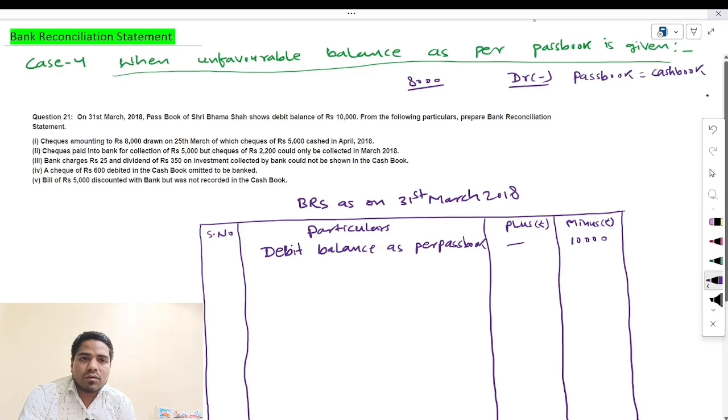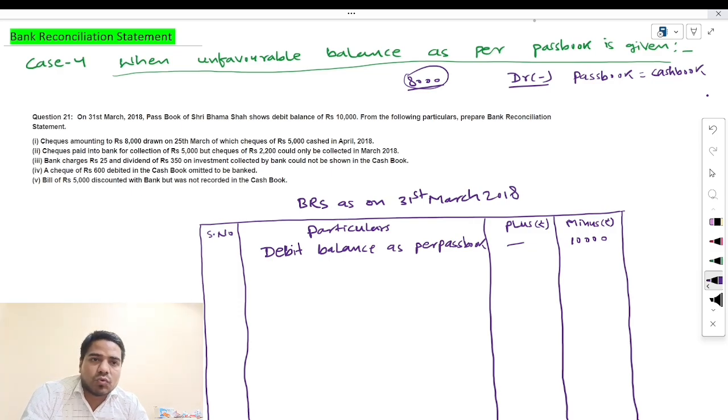Drawn in the sense you have issued this check of rupees 8,000 to any of your customers or creditors. But 5,000 was cashed in the month of April, not in March. You have to reconcile the balance of passbook with the balance of cash book of March month, not April.